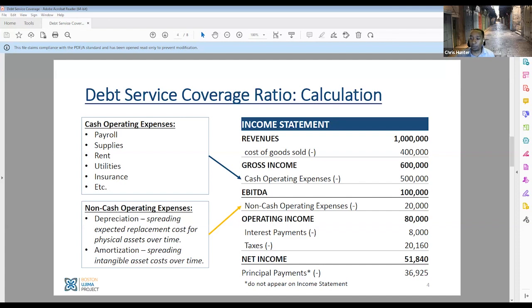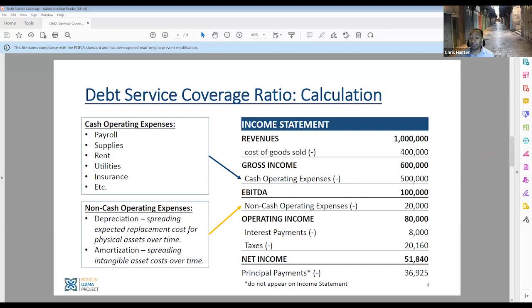So we've gone from revenues, cost of goods sold, gross income. We get rid of cash operating expenses. EBITDA is what's left. Once we get rid of these non-cash expenses, we're looking at the rest of the income statement with operating income, these interest payments that are going to be important to calculating the debt service coverage, taxes, depending on how they're calculated, net income, and then the last bit is principal payments.